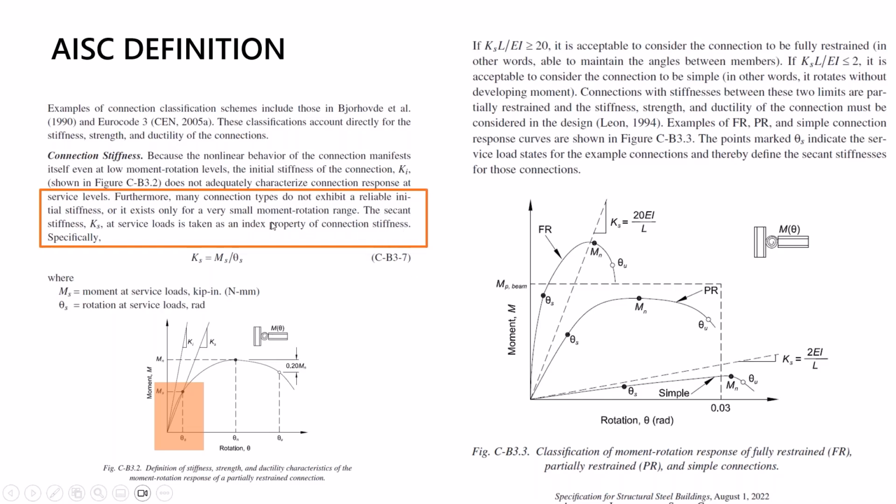So that means that the second stiffness is calculated with the service load combinations, okay? To calculate this second stiffness, the input value should be the moment result from the load combinations for serviceability.